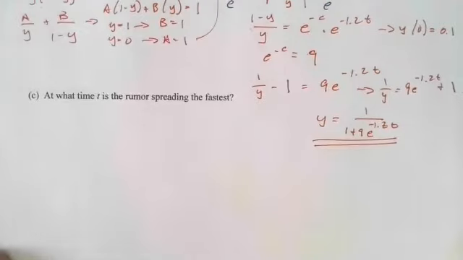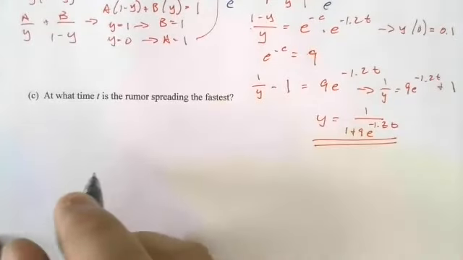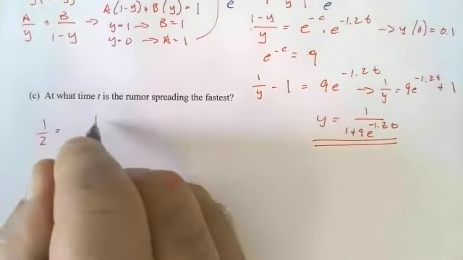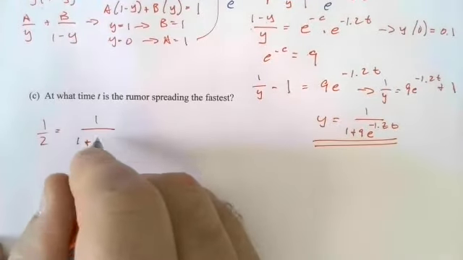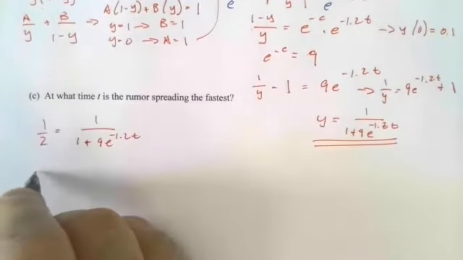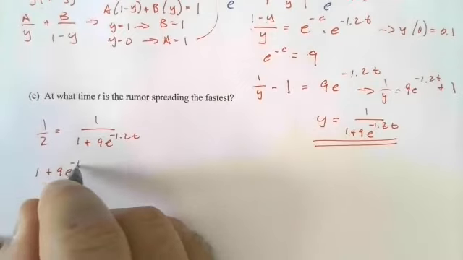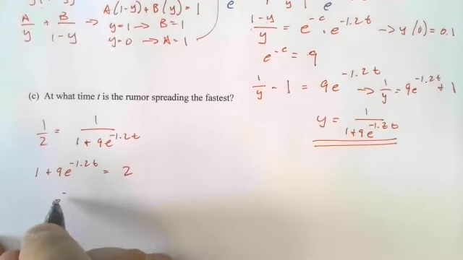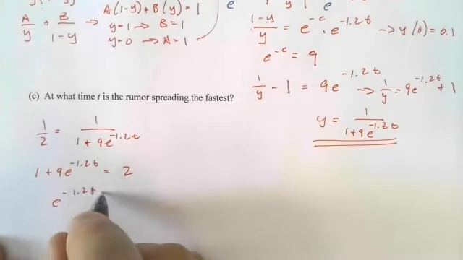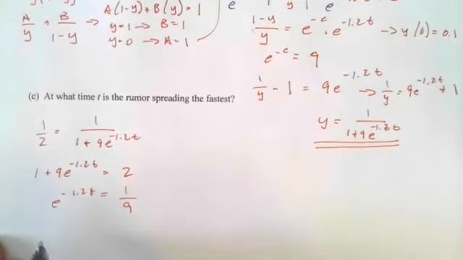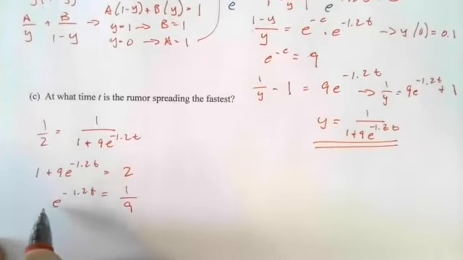Yes, it's a nightmare. At what time t is the rumor spreading fastest? Well, we know that's when it's 1/2 because we proved that up above. So now we got some more fancy algebra to do, which we really should use a calculator to do all this for us. 2 minus 1 is 1 over 9. ln both sides, divided by negative 1.2.